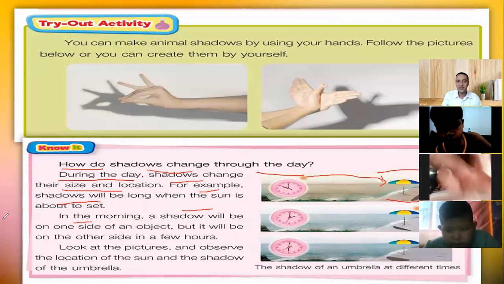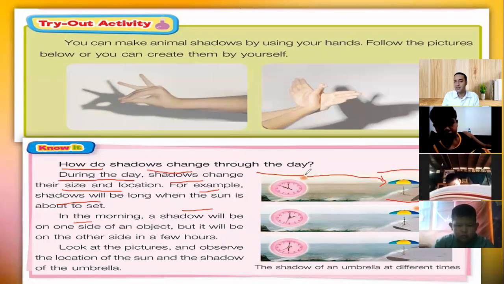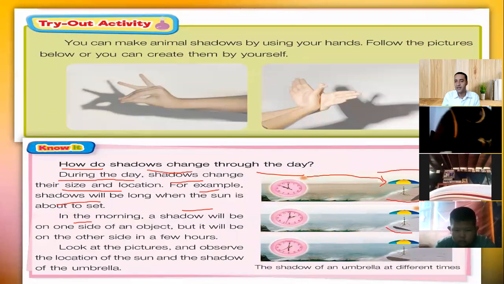Now look at the pictures and observe the location of the sun and the shadow of the umbrella. Here you can see, for example, in the morning, 10 o'clock, the light source, the sun, is a big source of light. When it hits the umbrella, you will find the shadow at such an angle. Similarly, in the afternoon, the shadow changes its place. You can see here, it changes places toward the other side.